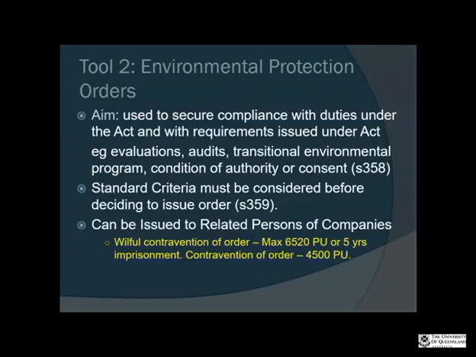The standard criteria has to be considered before they decide whether or not to issue the order. So again, you'll remember I told you it's important to understand the standard criteria. So if you haven't downloaded and printed out a copy of that, make sure you make a note to do so. One of the things is it can be issued to related persons of companies. So if the company itself is not responding to the environmental agency's warnings, then they can go to a related company, a related person, and issue the environmental protection order directly to them.